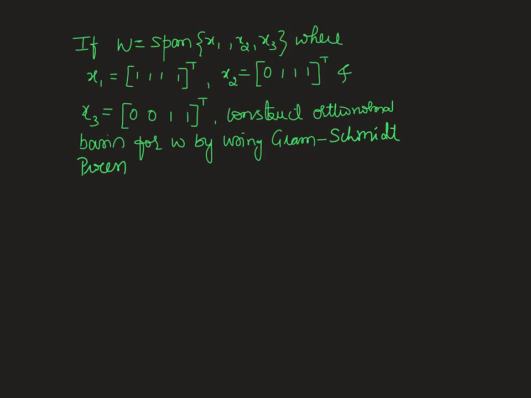We have already seen the procedure for how to obtain the orthonormal basis for the given basis of vectors. So let's start step by step now. Firstly, we have to find the orthogonal vectors v1, v2, v3.